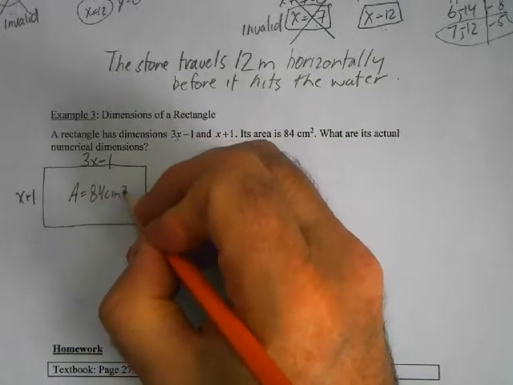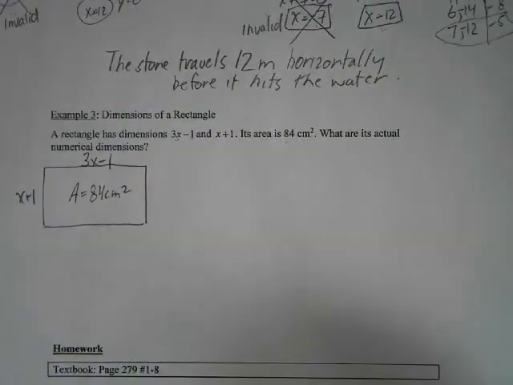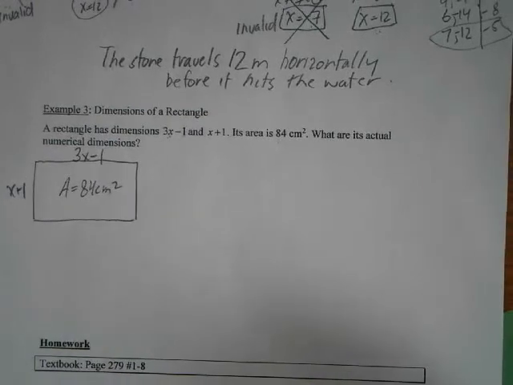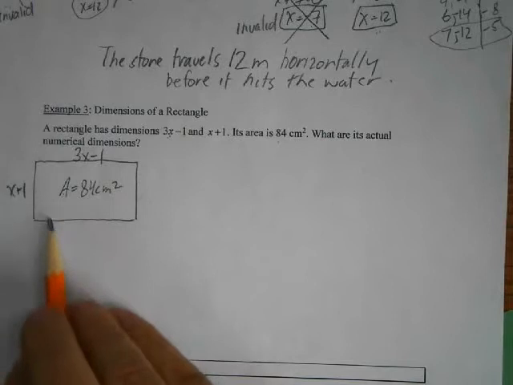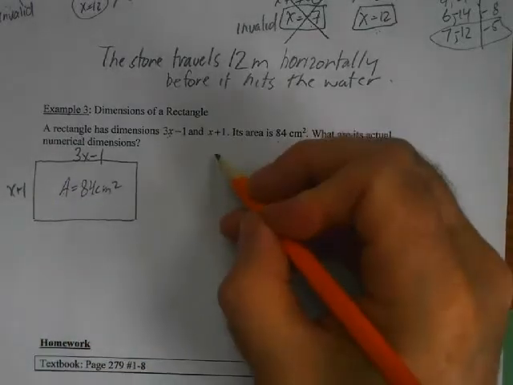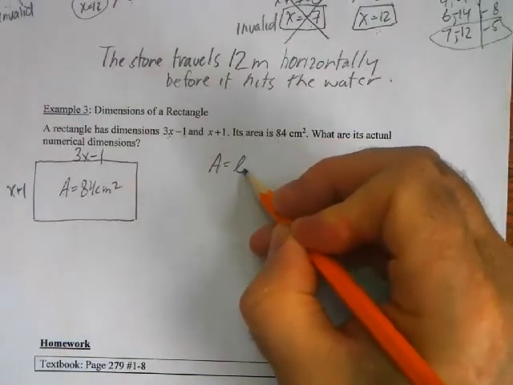So this is where we stop and go, well, what's this got to do with a quadratic? This is where you have to start thinking. Well, this is the area of a rectangle. What do I know about the area of a rectangle? Oh yeah, it's equal to the length times the width.